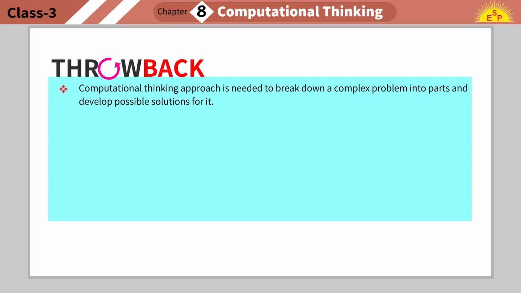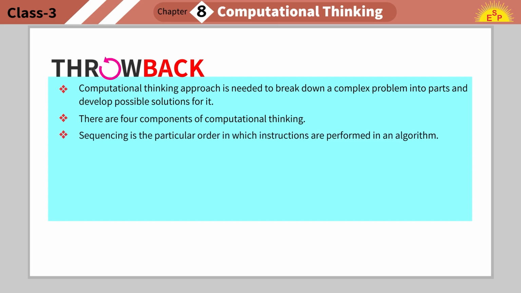The computational thinking approach is needed to break down a complex problem into parts and develop possible solutions for it. There are 4 components of computational thinking. Sequencing is the particular order in which instructions are performed in an algorithm.